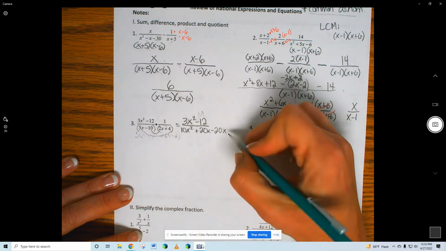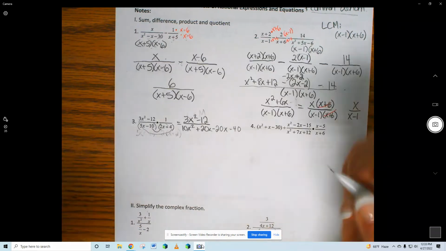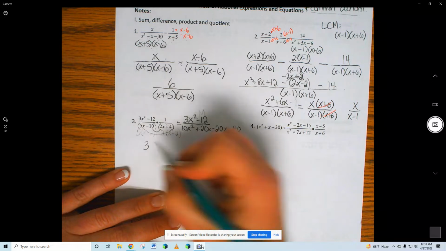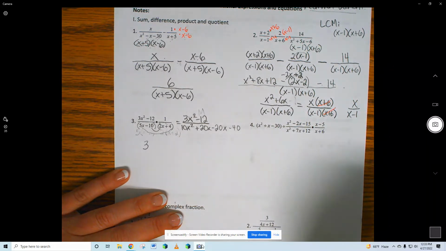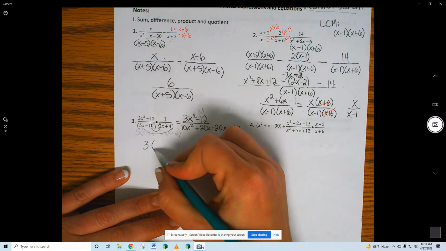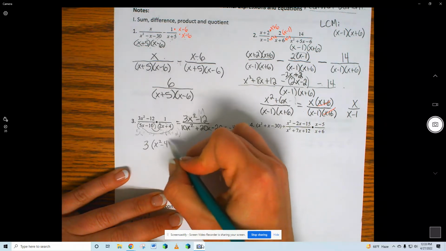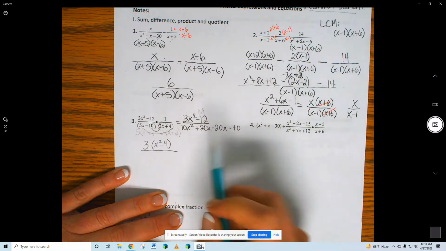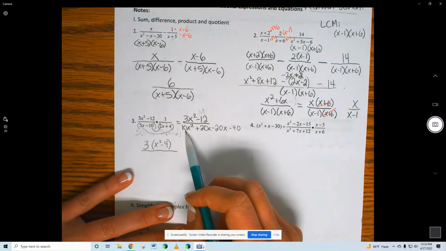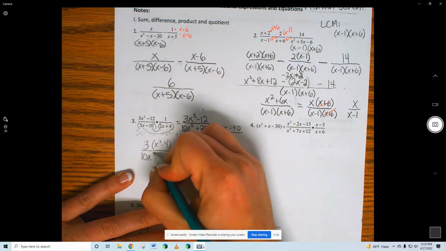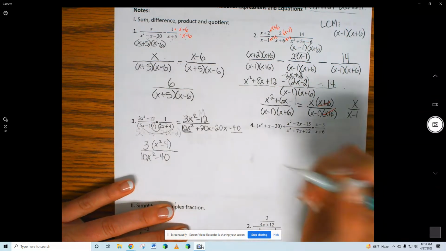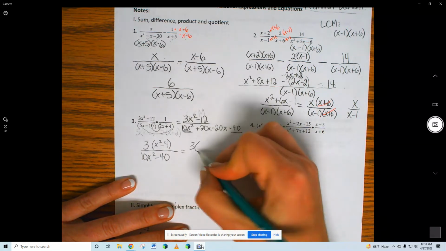Last, minus 40. On the 3x squared minus 12, I can factor out a 3. In the denominator, let's see, 10x squared minus 40. I could factor out a 10.